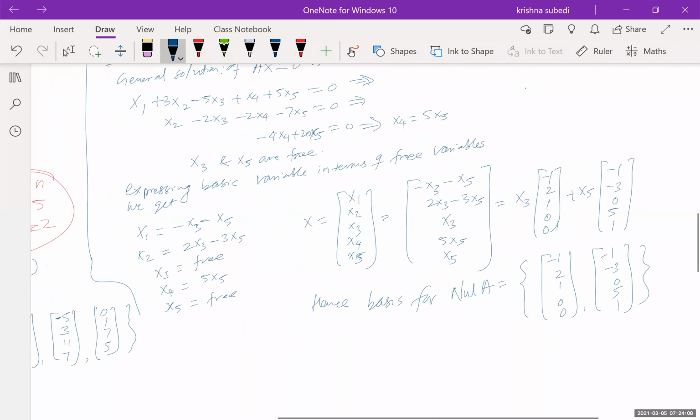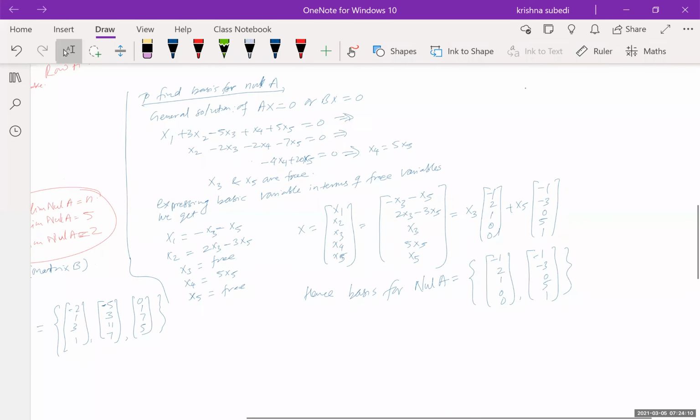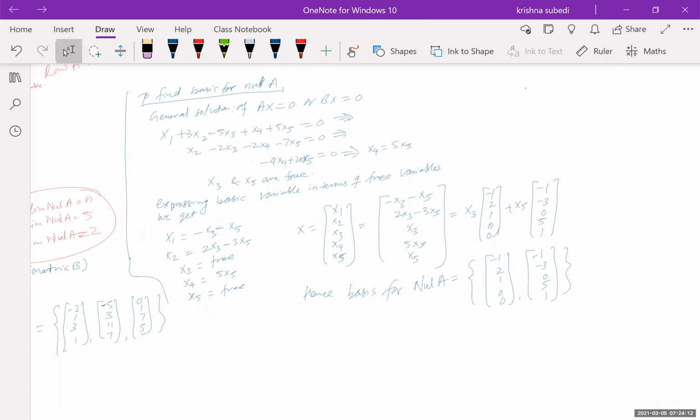We talked about rank, which is actually the dimension of column space or dimension of row space. And then we learned how to find the basis for column space, basis for row space, and basis for null space. So far, this is what we have done in this section.